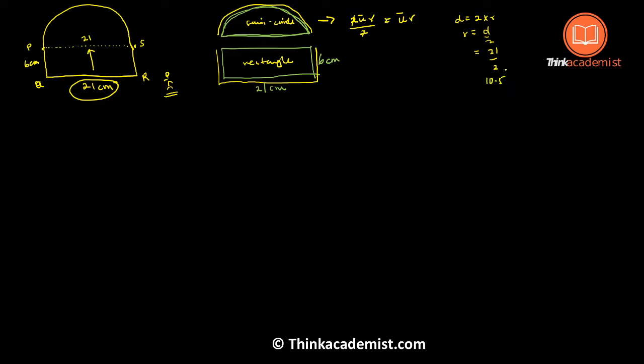I know most of you don't like working with decimals. If you don't like working with decimals, you can leave this as 21 over 2 and put it into the equation like that. So we'll have pi r. Please take note, pi has been given to us as 22 over 7.